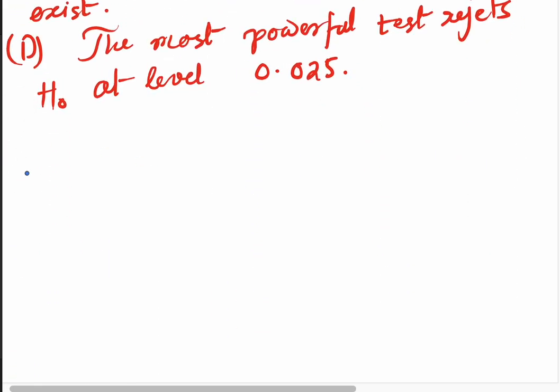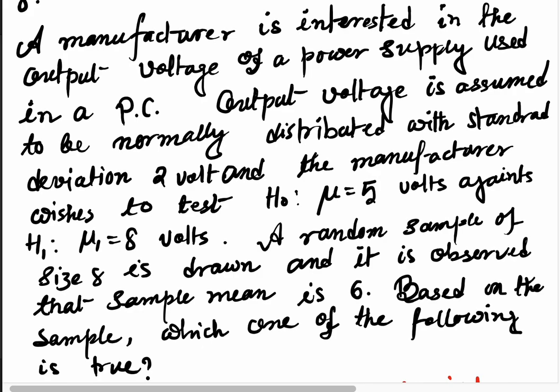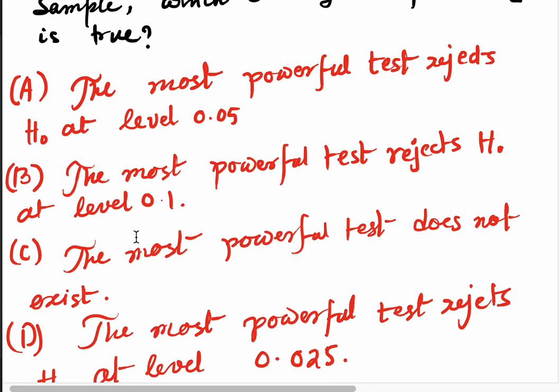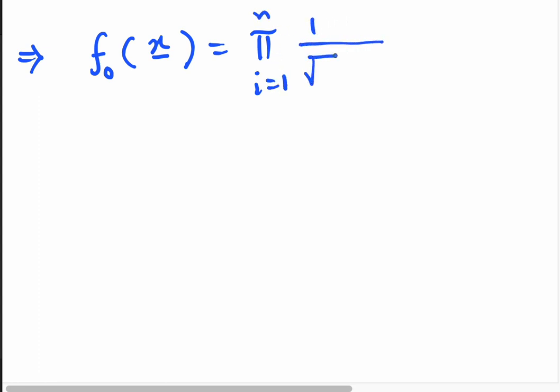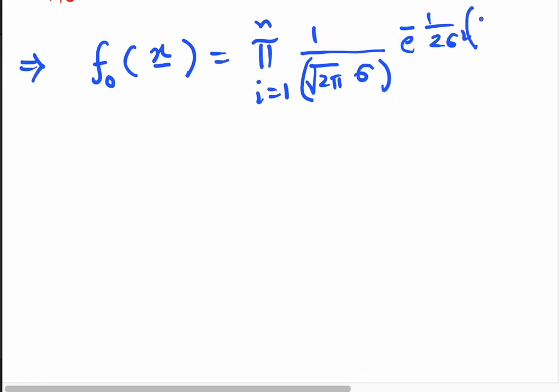Let's calculate the joint distribution under H0: the product over i equal to 1 to n of 1 by root 2 pi sigma e to the power minus 1 by 2 sigma square (xi minus mu0) square.